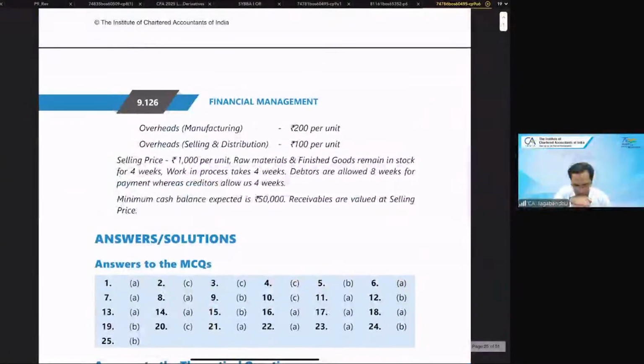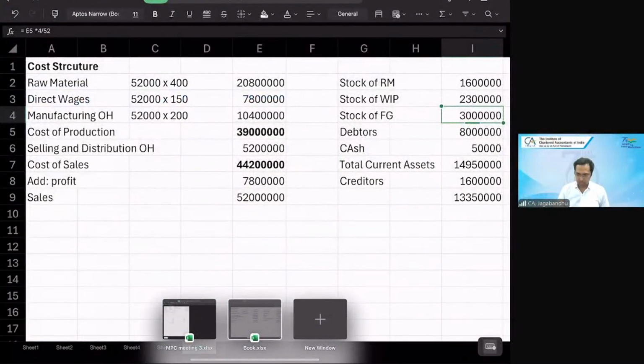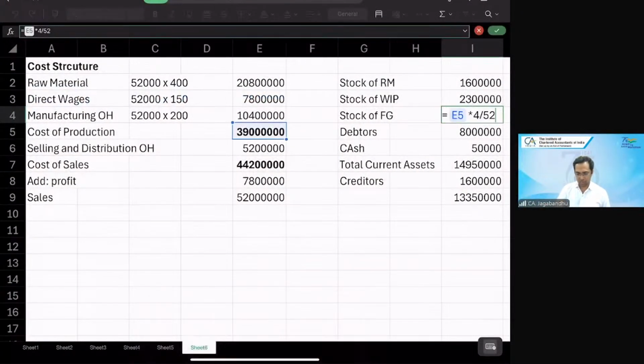Finished goods remain in stock for 4 weeks. So you can take the finished goods as based on this, or maybe cost of sales if information is available. Cost of goods sold information is not there. So this has to be this only.